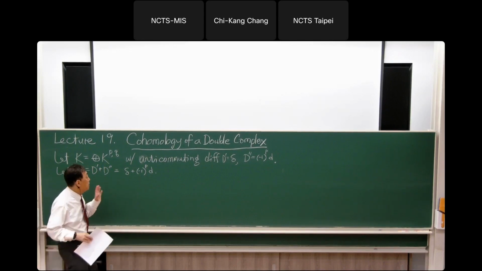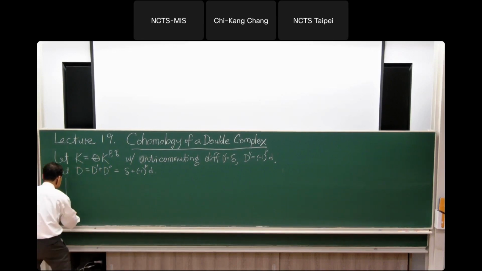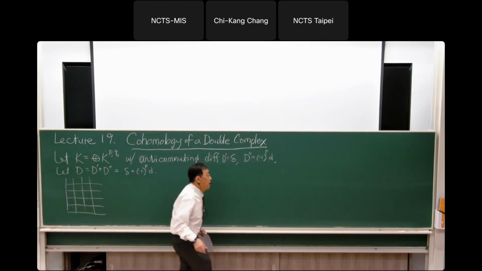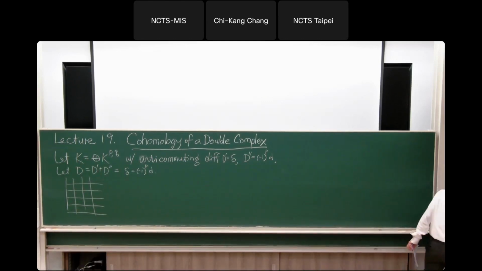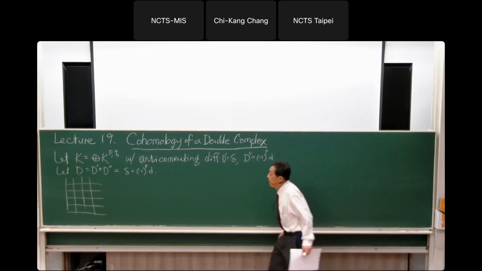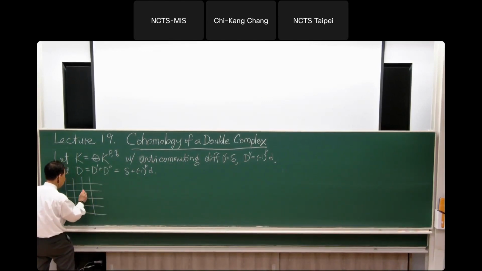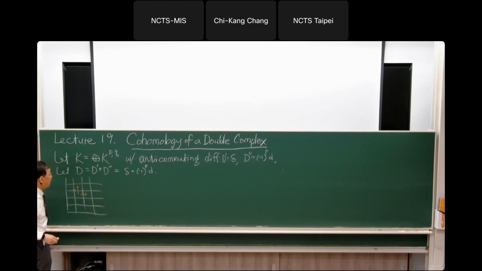So on a double complex, you actually have 3 differentials. You have a horizontal differential, delta, and you have a vertical differential d, and then you have this big D that goes diagonally.